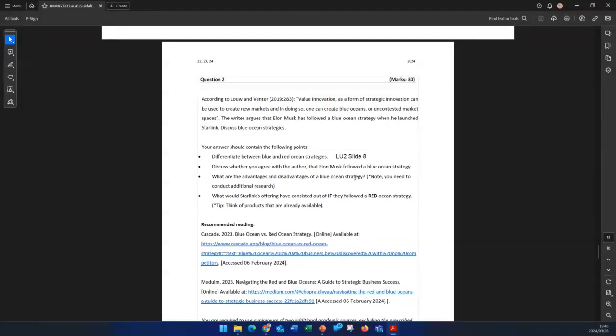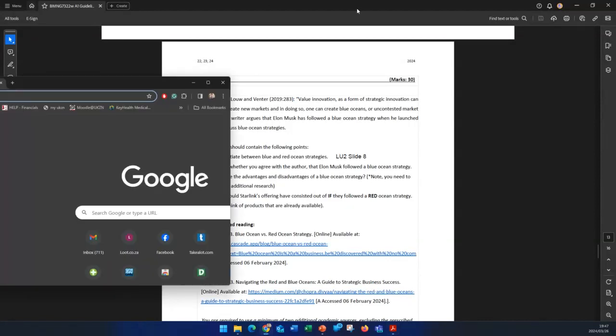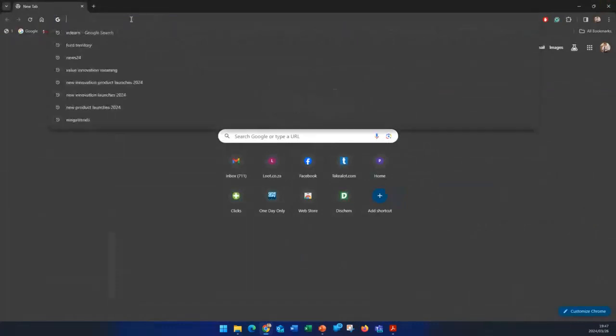Yeah, it's easy to find blue ocean research advantages. You should find it if you type those two words into Google. Remember what I said, scholarly articles.